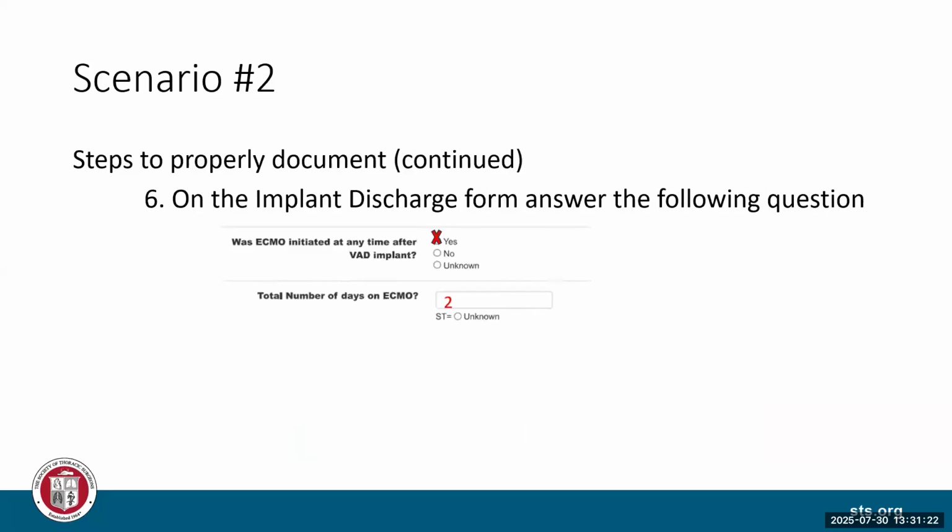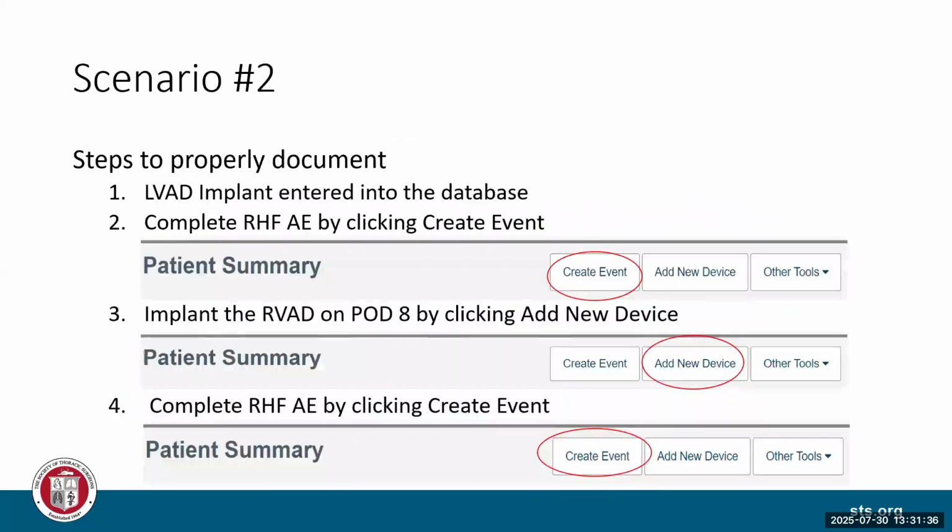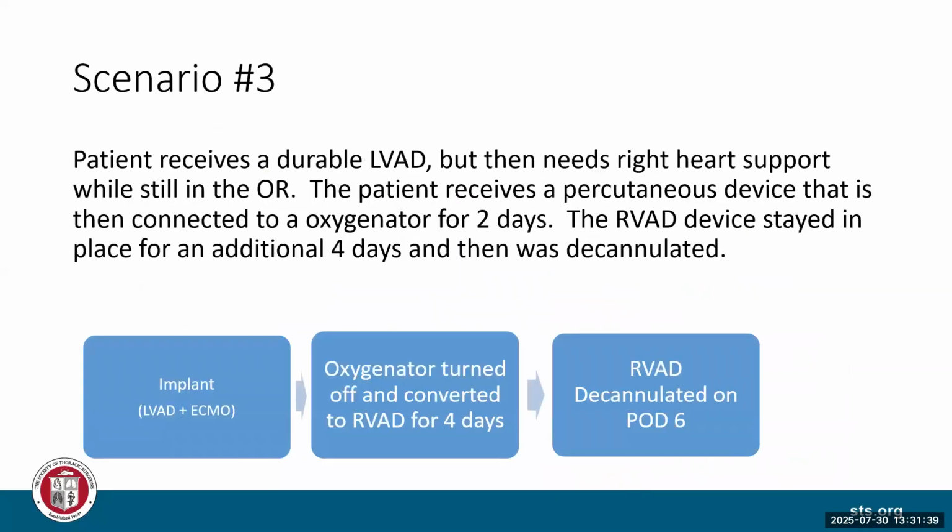Scenario 1 is a BiVAD because in the OR, it was not connected to an oxygenator. The oxygenator was attached later on. Whereas in scenario 3, the oxygenator was attached to the RVAD. Does that make sense?